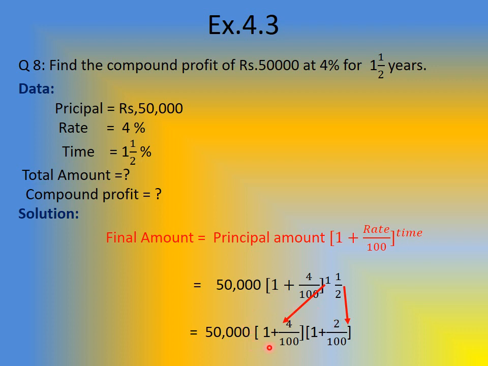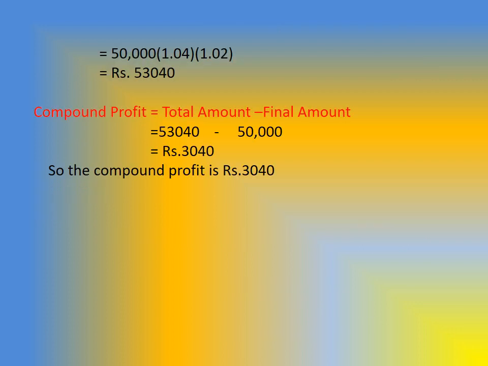This is a very important step to understand, because here we have 1.5 years. This is the value of 1 year, and this is the value of the remaining half year. For the 1 year the rate is 4. For the half year the rate is 2. Now after simplifying the above step, we will get 50,000 multiplied by 1.04 multiplied by 1.02, and after multiplying these three terms we will get this.